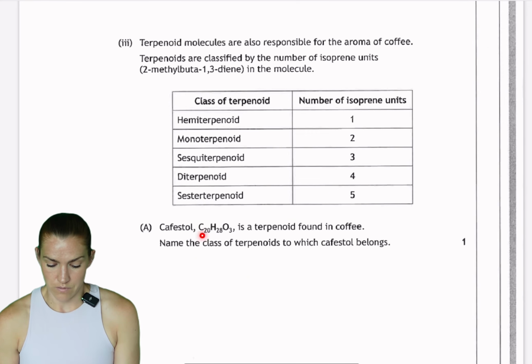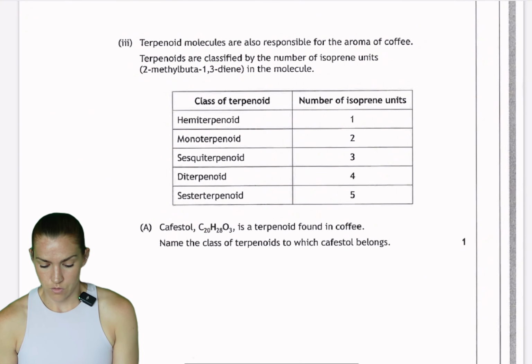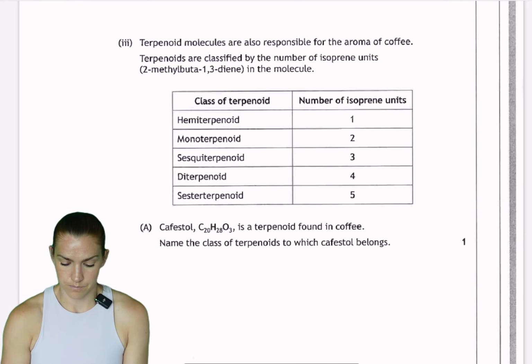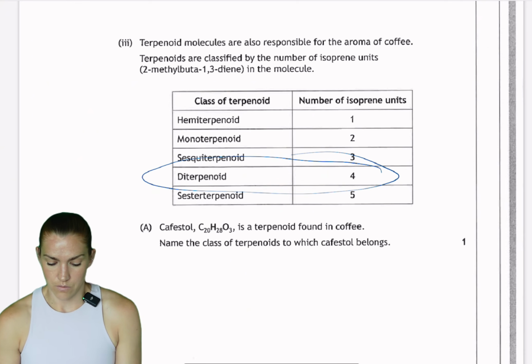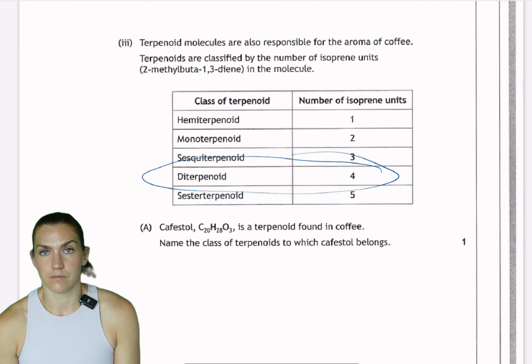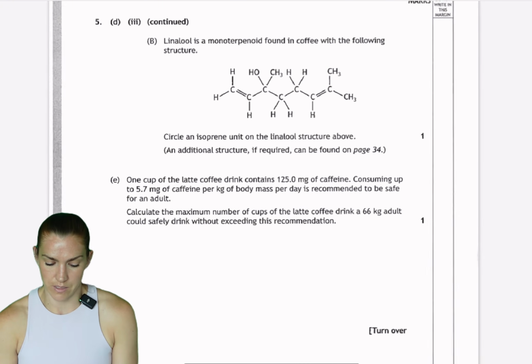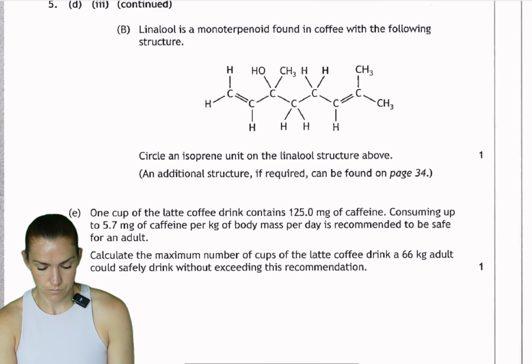So if you take 20 and divide it by 5, that gives you 4. So then that means that you must have a diterpenoid, because you've got 4 isoprene units making it up. So always take the number of carbons, divide by 5, and that gives you the number of isoprene units.